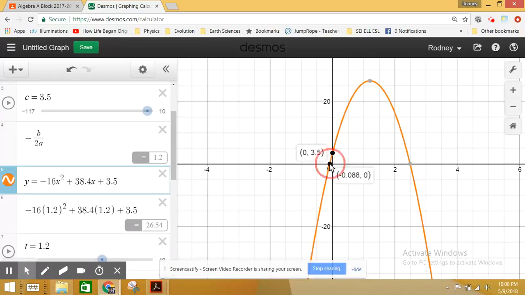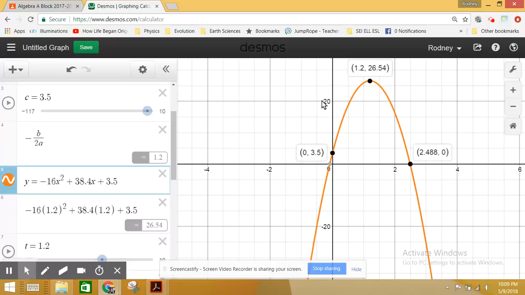This is the extraneous answer back in the past, which we don't care about, so I'm going to ignore it. This is how long it took before it hit the ground, which was the 2.49 when I rounded. And this is how high the ball went in the air, 26.54 feet after 1.2 seconds. So that is information we can get from this.